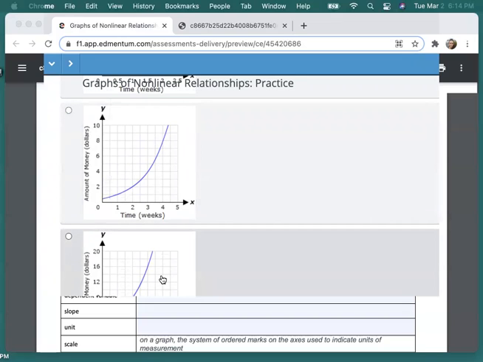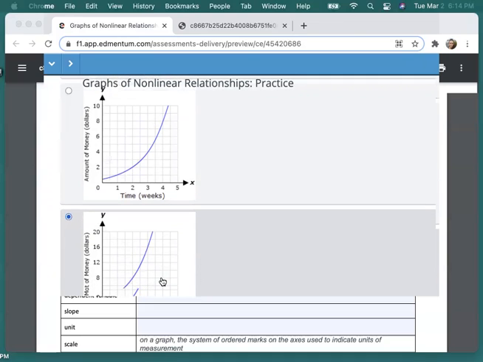And then I think that this would be the best answer because after 1 week, she has $4. After 2 weeks, she has $8. After 3 weeks, $16. So this curve is the best representation of her savings.